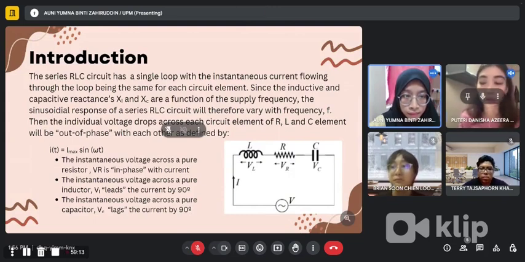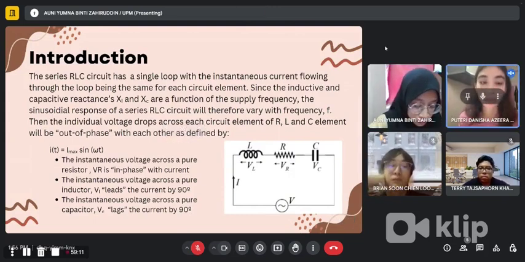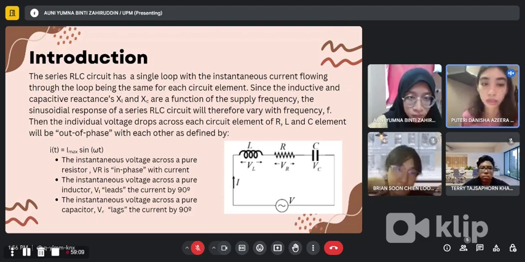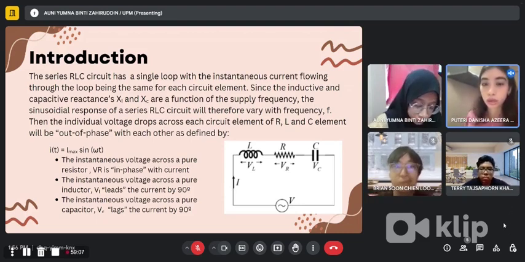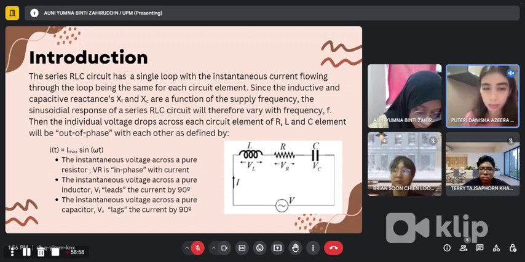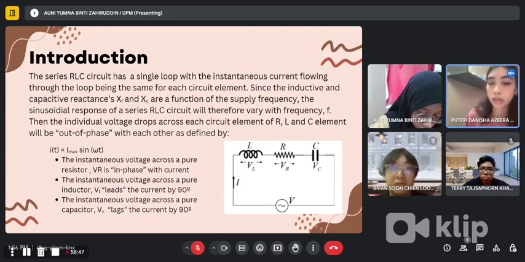Okay, for the introduction of RLC circuit, the series RLC circuit has a single loop with the instantaneous current flowing through the loop being the same for each circuit element. Since the inductive and capacitive reactance XL and XC are a function of the supply frequency, the sinusoidal response of a series RLC circuit will therefore vary with frequency f.